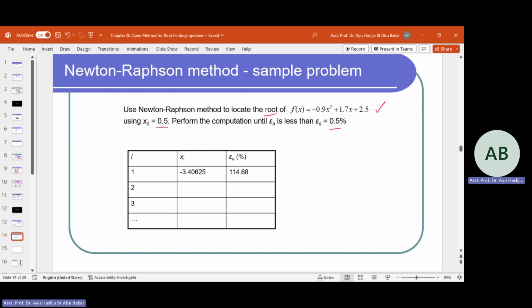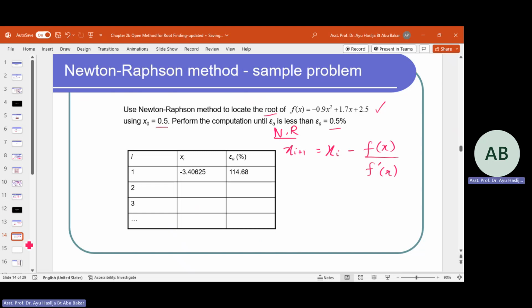Now, we know that in the Newton-Raphson method, to find the xi plus 1, the x new, is equivalent to xi minus f(x) over f prime x, the differentiation. Okay.